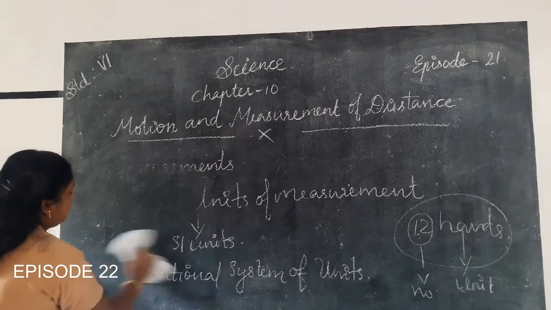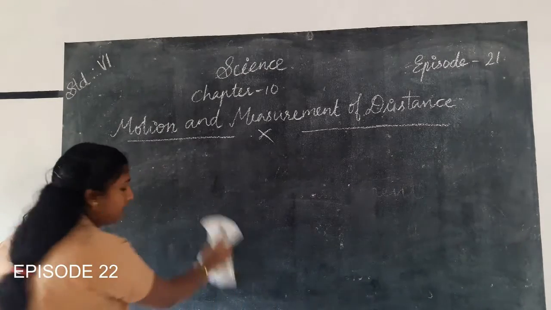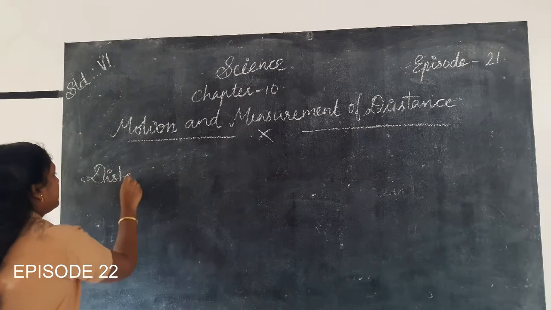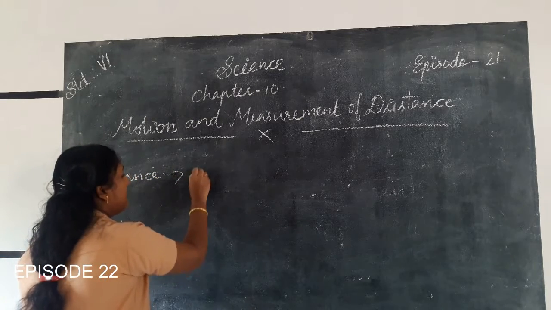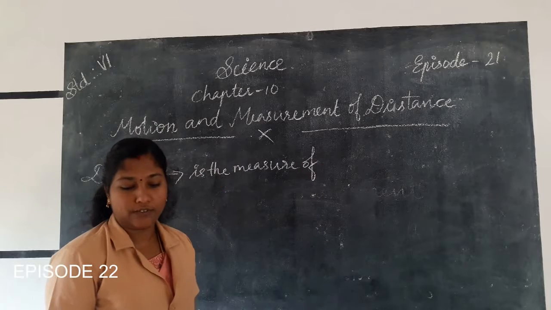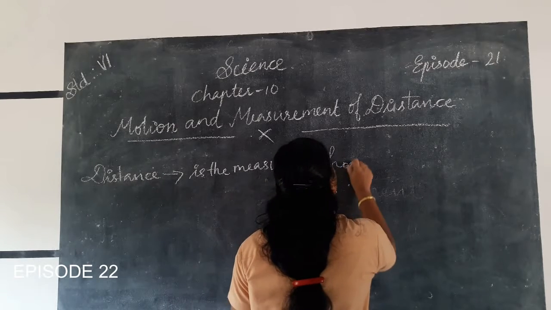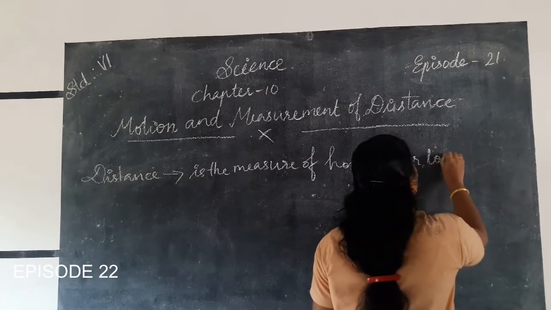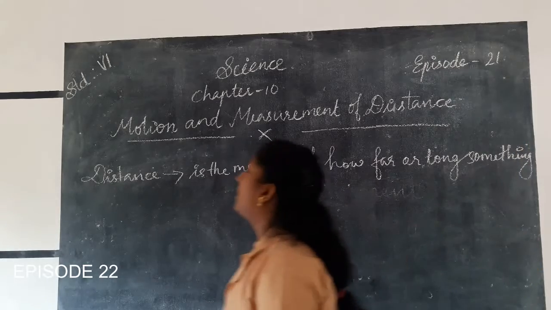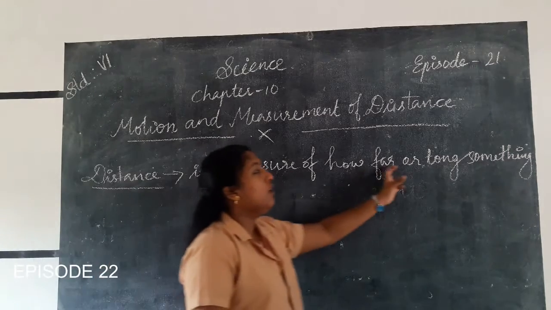Distance means how far something is. It indicates the measurement of how far or how long something is. Distance is the measure of how far or long something is.